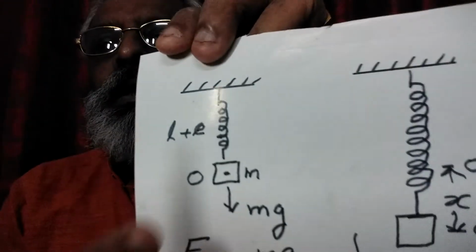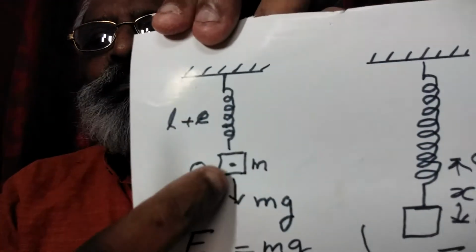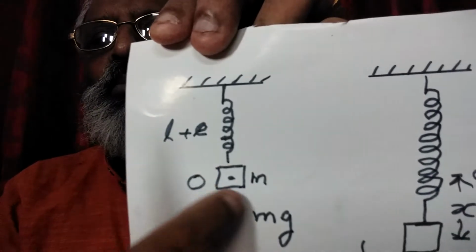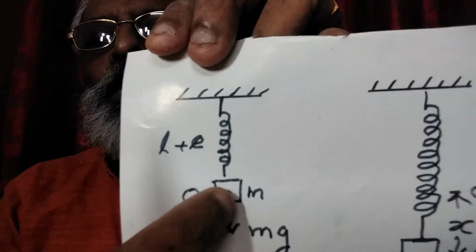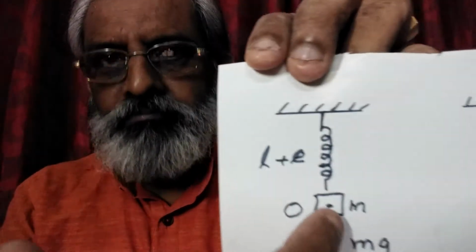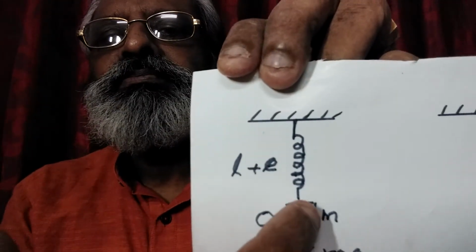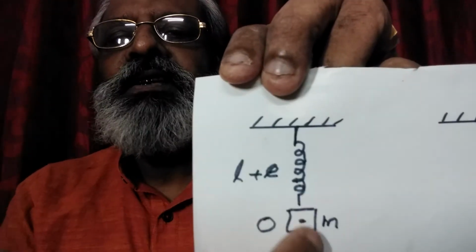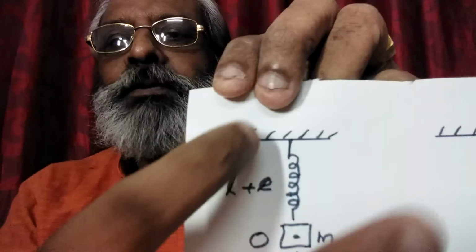Now we pass to a few points, much more important. See this figure. M is a block of mass M suspended from a vertical spring attached to a rigid support.